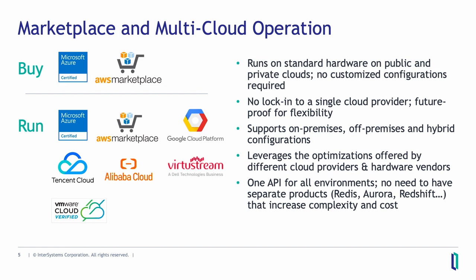I believe we're working on Google here soon as well. I'm not 100% sure if that's released, so stay tuned for that. And of course, we also support running IRIS on any of these other cloud providers shown, Tencent, AliCloud, VirtuStream, and even VMware Cloud.